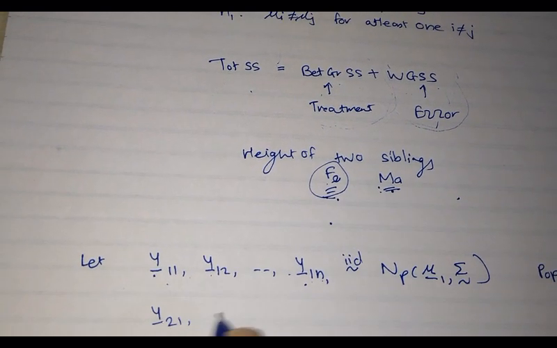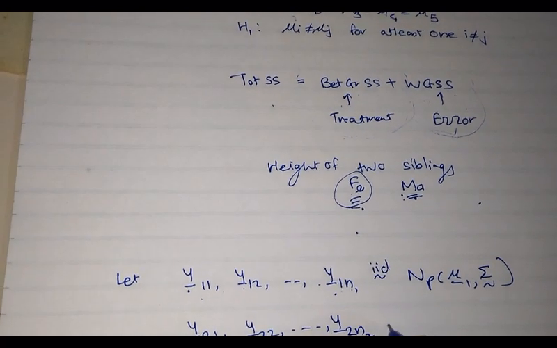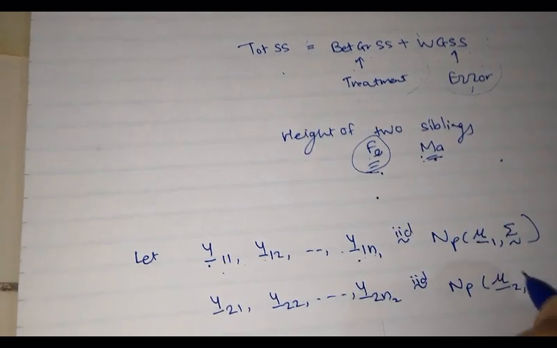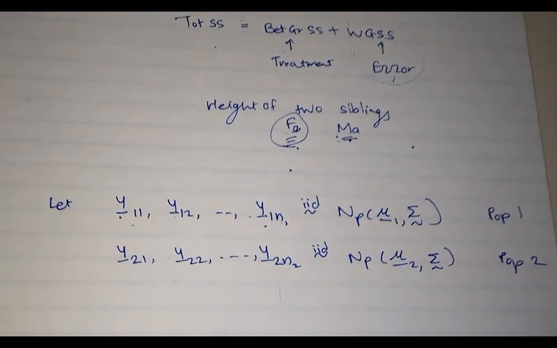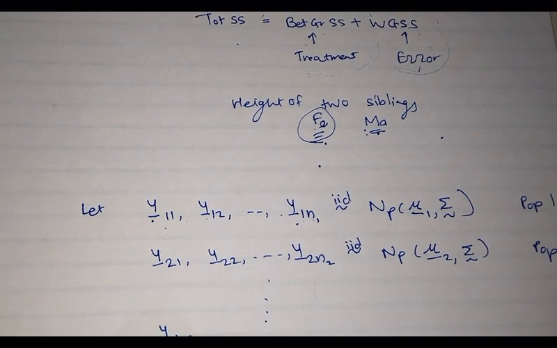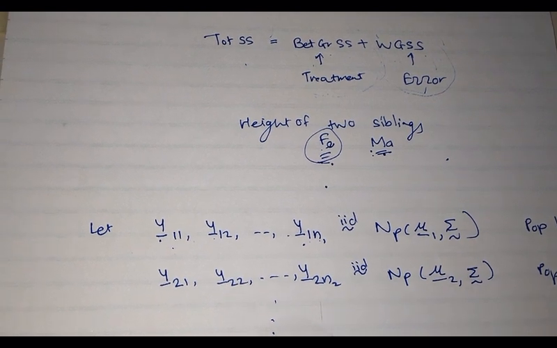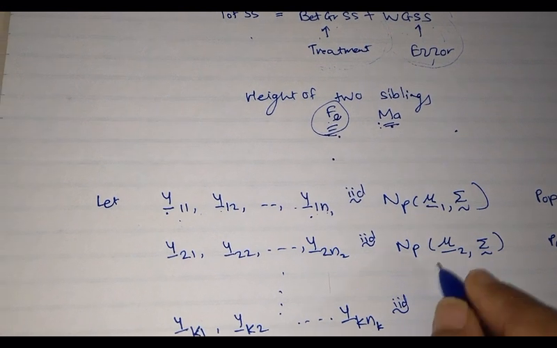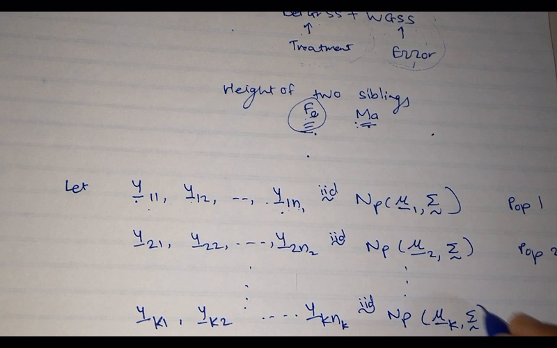Then I would have y21, y22 up to y2n2 as IID observations coming from N_p(mu2, sigma). So this is my population 2. And in such a manner, I have yk1, yk2 up to yknk, which are IID observations coming from N_p(mu k, sigma).